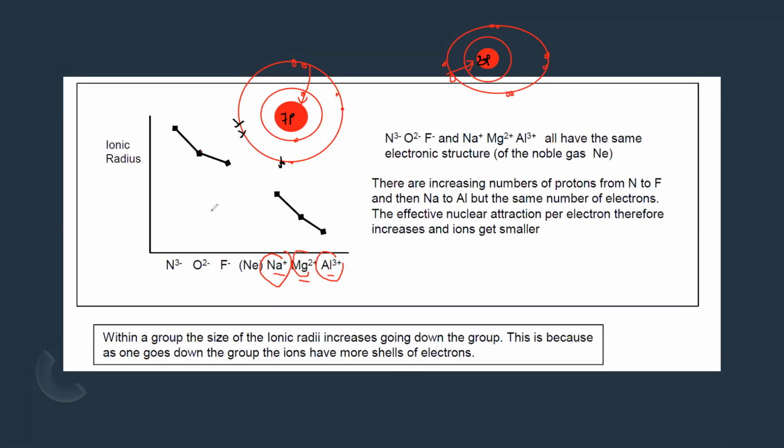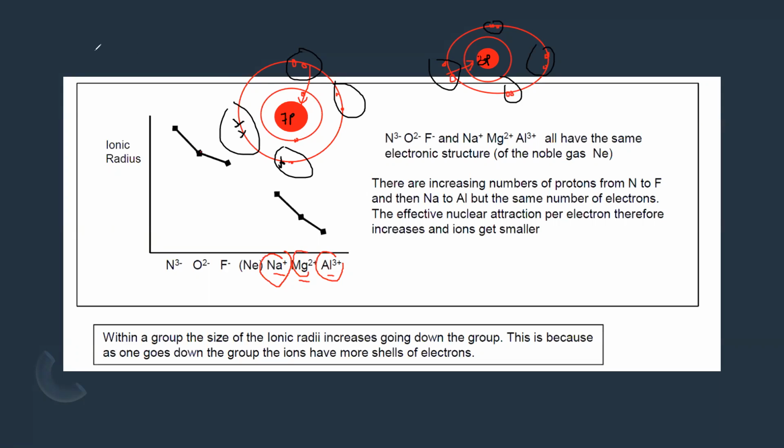Look at what happened when you compare nitrogen with oxygen. Nitrogen has 7 protons. Oxygen has 8 protons. So 8 protons are attracting 8 electrons in the second shell, while 7 protons are attracting 8 electrons in the outermost shell. So each electron will experience a weak force.